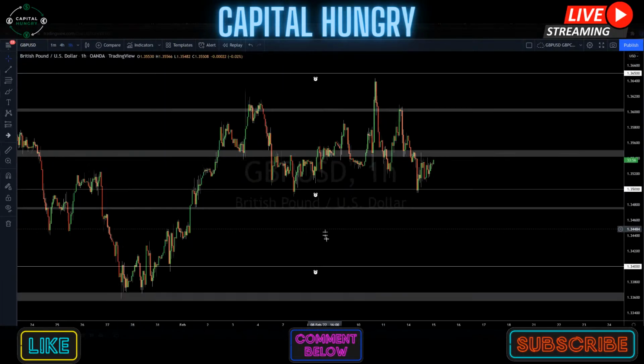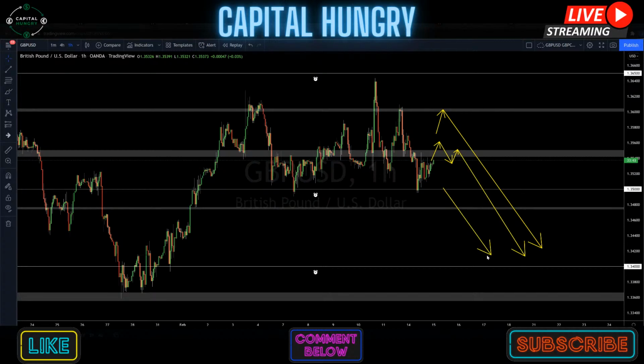So with GBPUSD, I still want to play that dollar strength, even if we come to the supply zone at 1.36, dig a bit higher and stay below 1.354, break below 1.35, I would be looking for sells on GU.